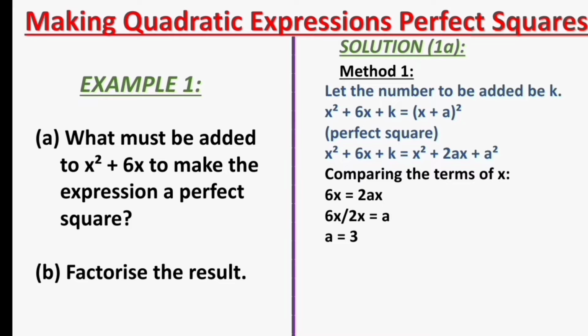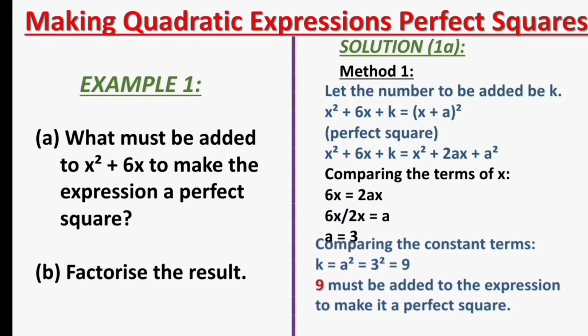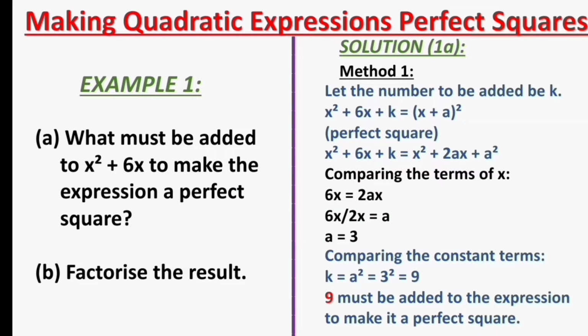Comparing or equating the terms of x, we have 6x on the left hand side of the equation is equal to 2ax on the right hand side of the equation. Solving for a, we have a is equal to 3. Also, comparing or equating the constant terms, we have k on the left hand side of the equation is equal to a squared on the right hand side.